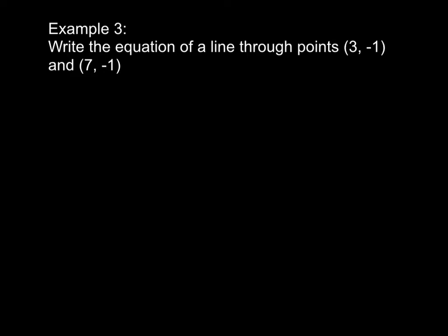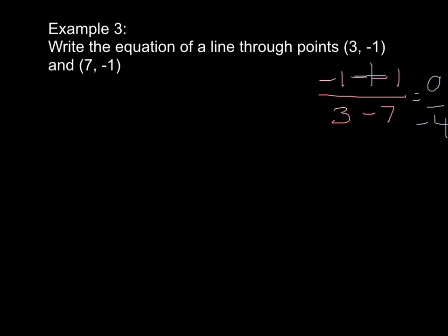For example 3, I don't really have to attack it any differently. I'll still go through the same process, but do you notice that when I go calculate the slope, y2 minus a negative 1 all over 3 minus 7, this double negative right here turns into a plus sign, and then I end up with 0 over negative 4.